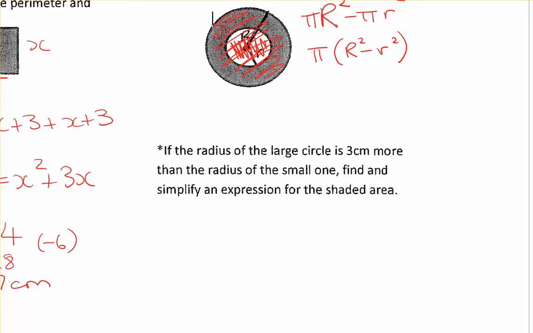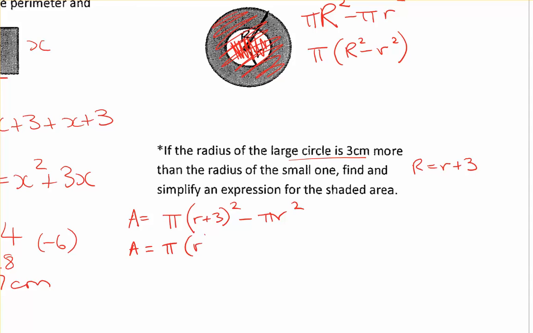Right. So the radius of the largest circle is 3 centimetres more than the radius of the small one. So if we go back to the original, capital R must equal little r plus 3. We need to do some simplifying on that.